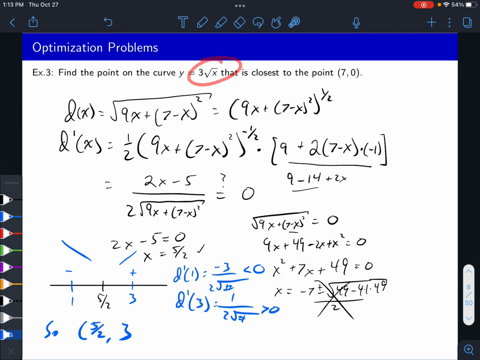Well, the y value is just given by this, so just 3 times the square root of our x value. So 5 halves, comma, 3 times the square root of 5 halves is the closest point to 7, 0 on that curve. Awesome.